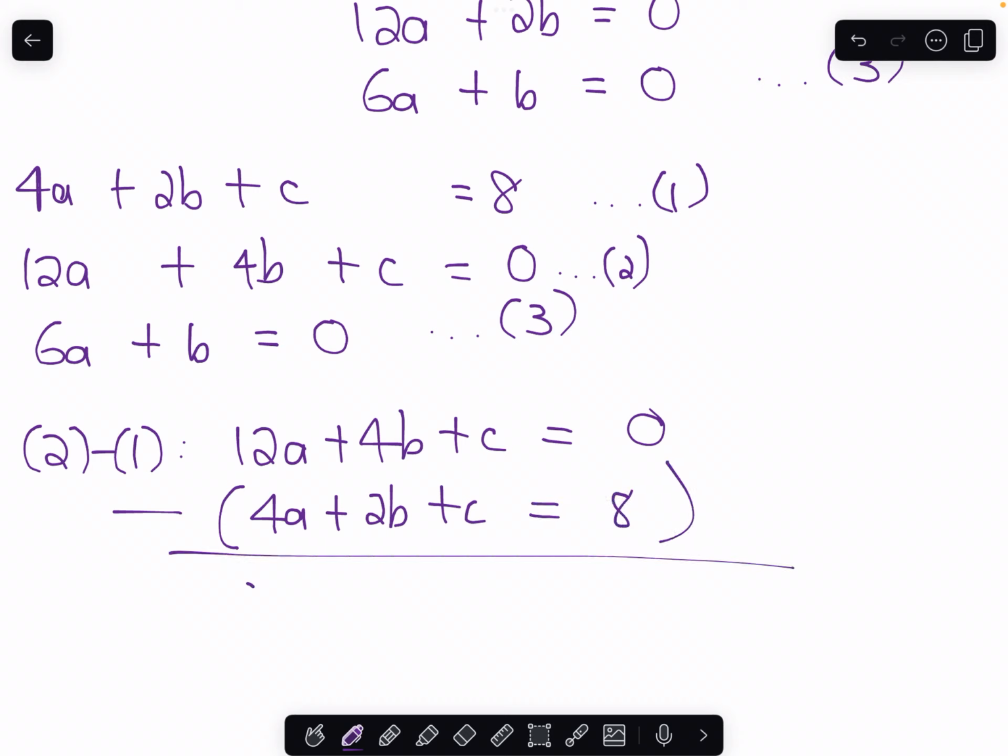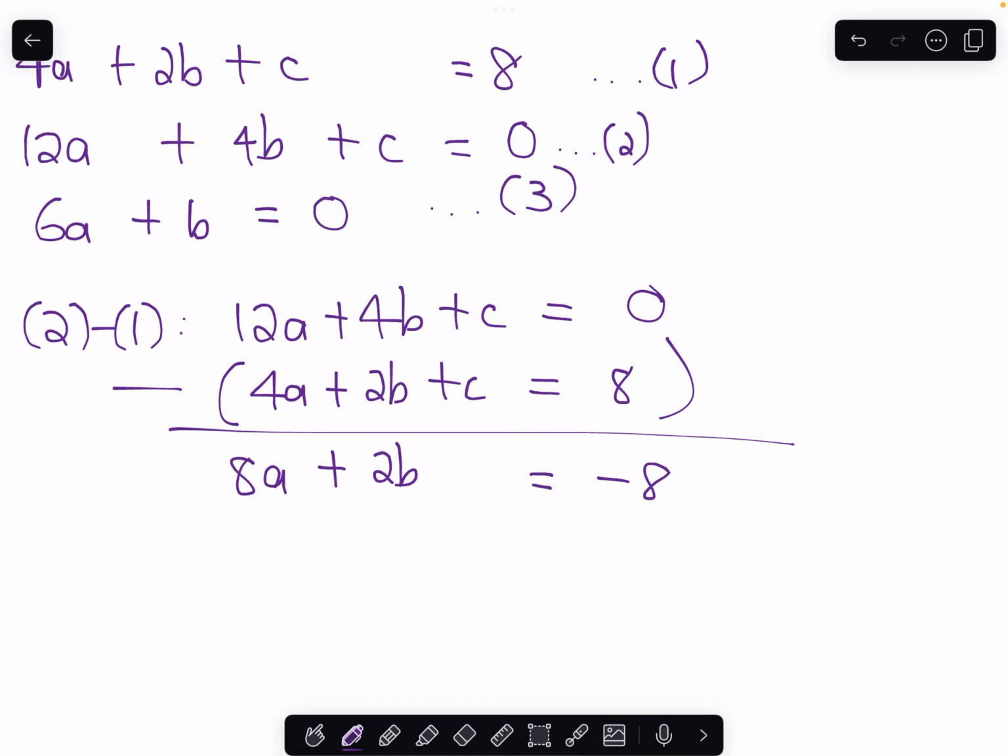Okay, so that's going to be 8a. 4b minus 2b is 2b. The c's cancel out. And here we'll have 0 minus 8. I can divide through by 2 to get 4a plus b is equal to negative 4. So that's going to be my equation 4.